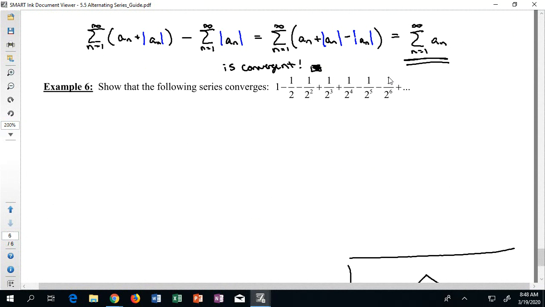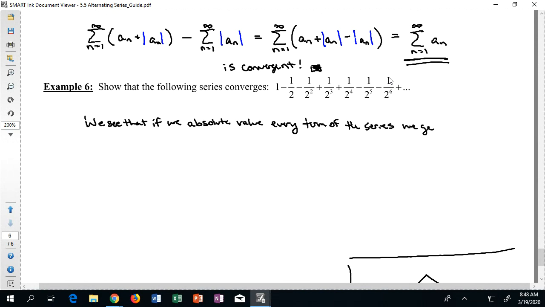So here's what I'm going to go ahead and do. I'm going to use the above theorem. We see that if we take the absolute value of every term of the series, we get 1 plus a half plus 1 over 2 squared plus 1 over 2 to the third, on and on and on.